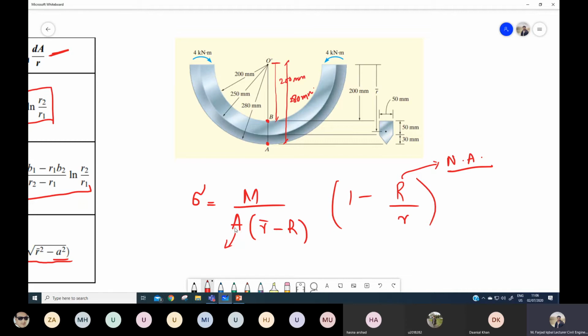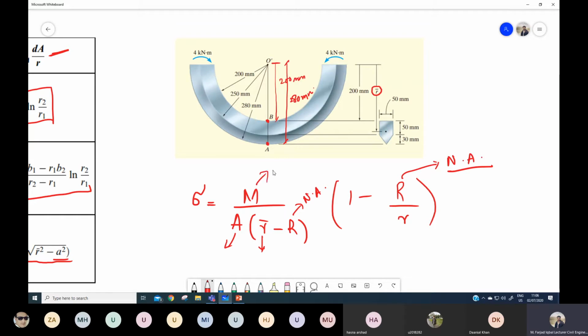This R bar is the centroidal distance, or the distance from the center of curvature to the centroid of this body. And this capital R is again the neutral axis distance. So if we can figure out these factors, we can calculate the stresses at any points.